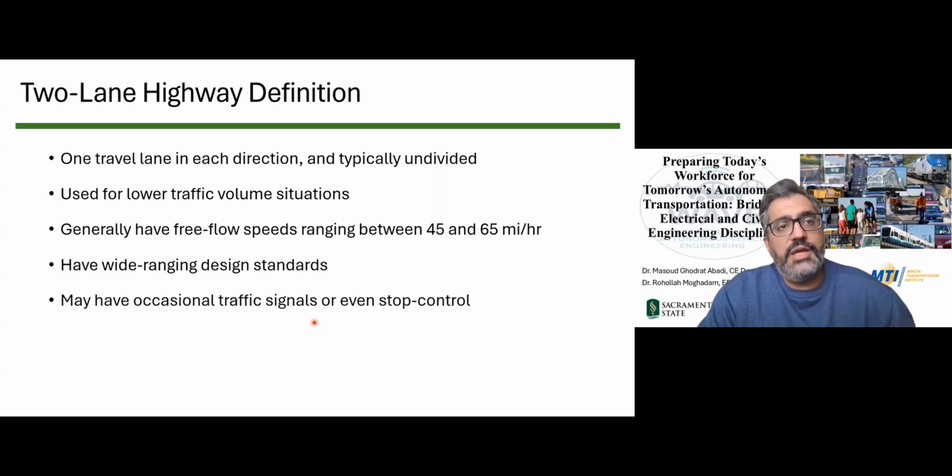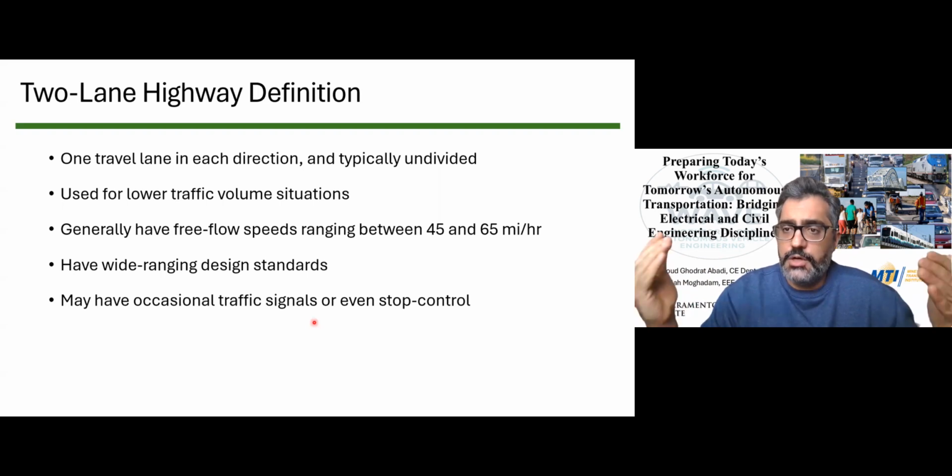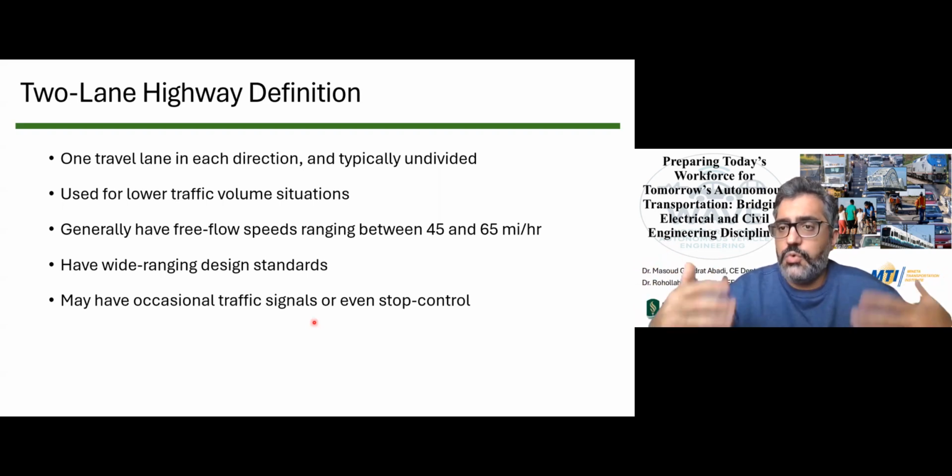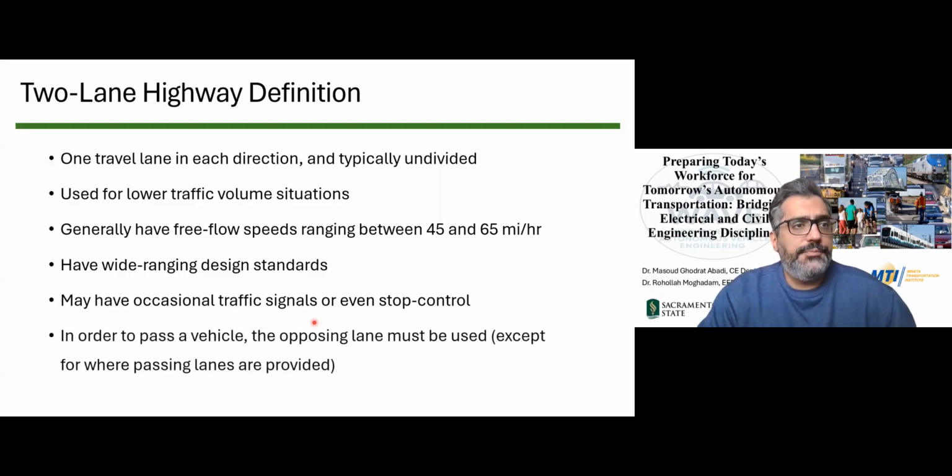May have occasional traffic signs or even stop signs. Like if you have a two-lane highway that is going through a residential area, and there are pedestrians who are crossing both sides of that two-lane highway, we will drop the speed to 25 to 45 miles per hour, and then we'll either control it by traffic lights or stop signs.